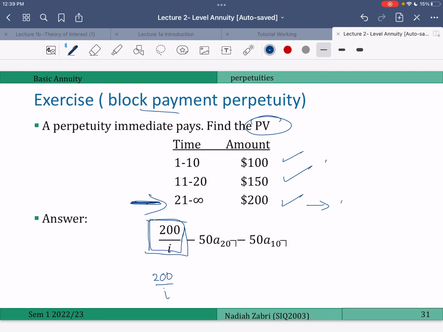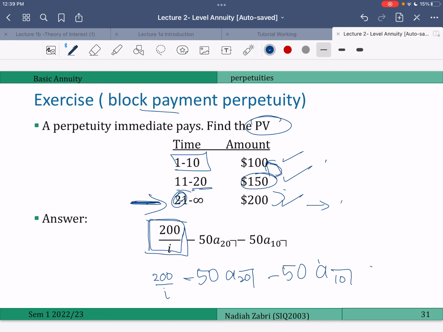And then the next block is 150. So the difference between 200 and 150 is you minus 50. And then you are doing this just for the blocks that are before this one, so A 20. And then for the first block the difference is also 50, so you minus another 50 for the first block only, which is A 10.